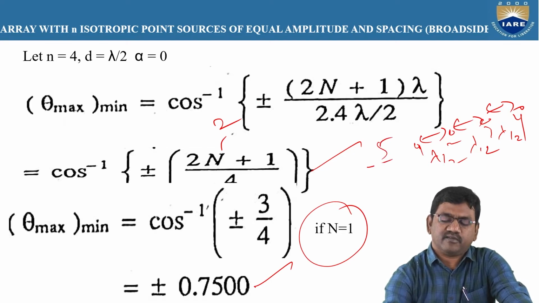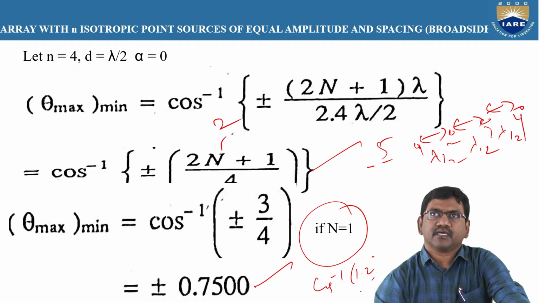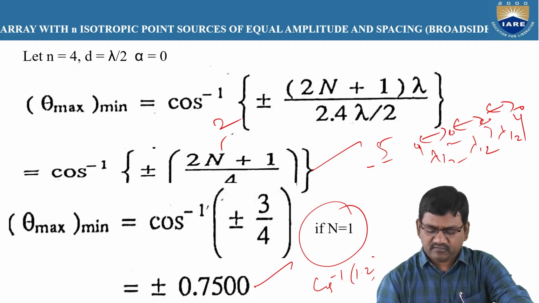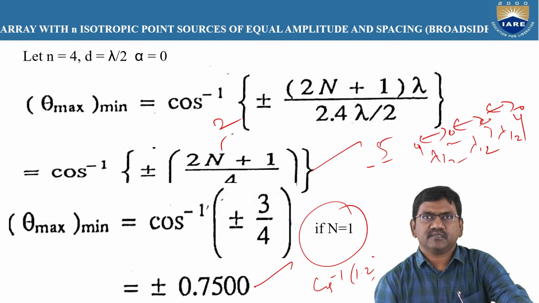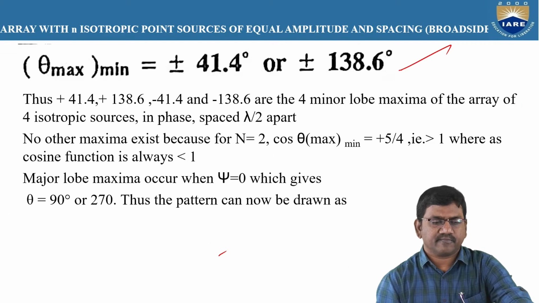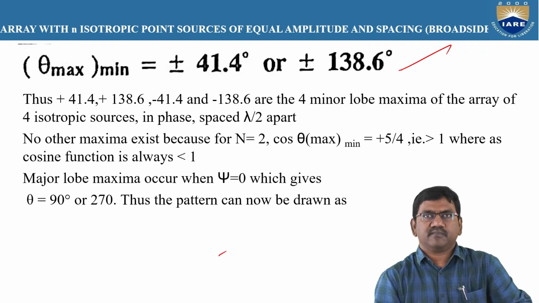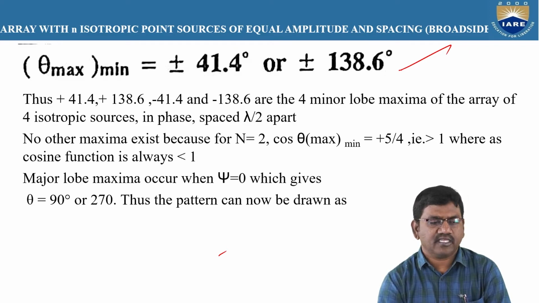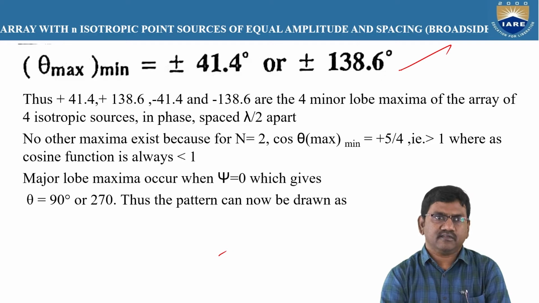Cos inverse of 5 by 4 means cos inverse of 1.2, which does not exist. That means only N equal to 1 gives the maximum radiation where the field strength is maximum. For N equal to 2, cos theta max is equal to 5 by 4, that is greater than 1, whereas the cosine function is always less than or equal to 1.